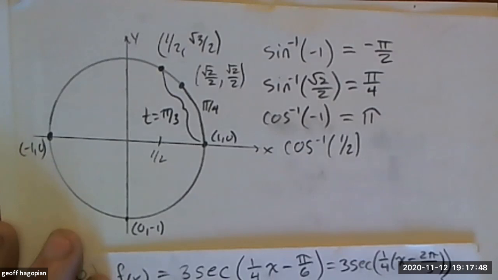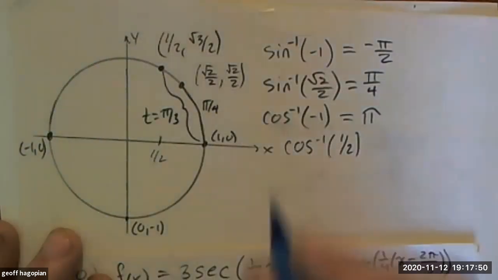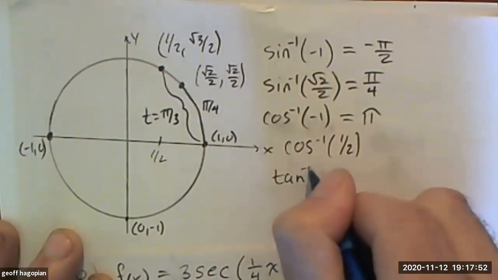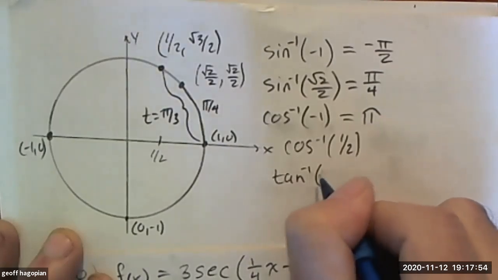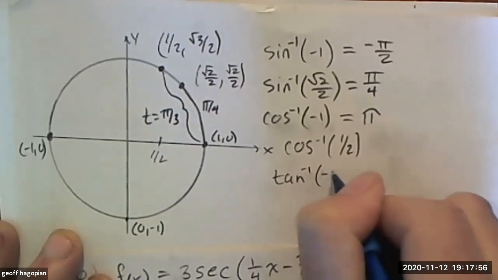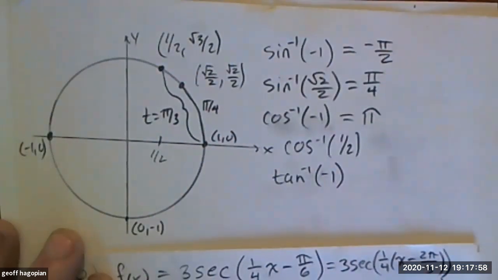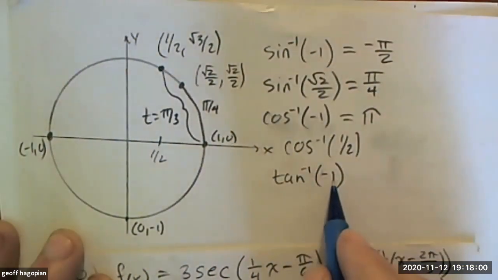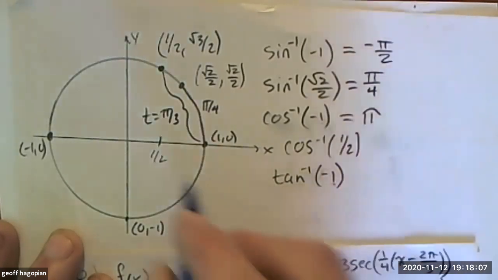Yeah, so how about what arc takes us to a tangent of -1? Well, let's see. Tangent is the ratio of y to x on the unit circle. So we want y and x to be opposites.